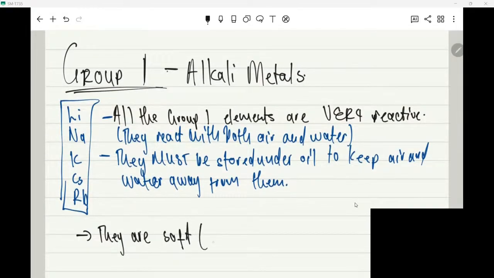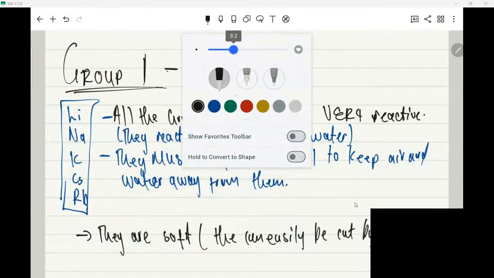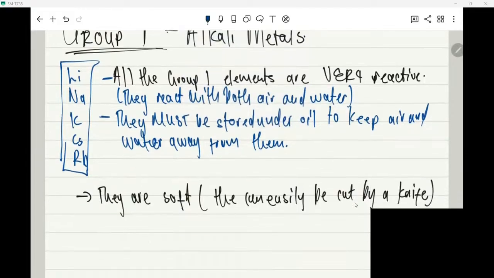Put in here that they can easily be cut by a knife. Yes, really. If you meet a group 1 metal when it's pure, you can easily cut it using a knife. They are very soft.